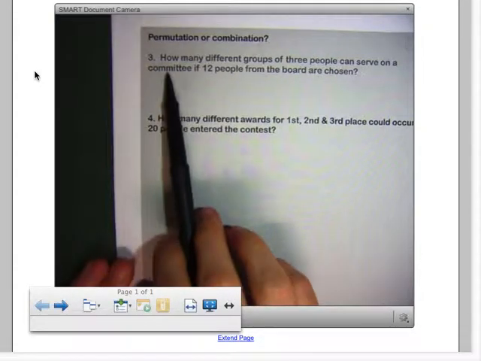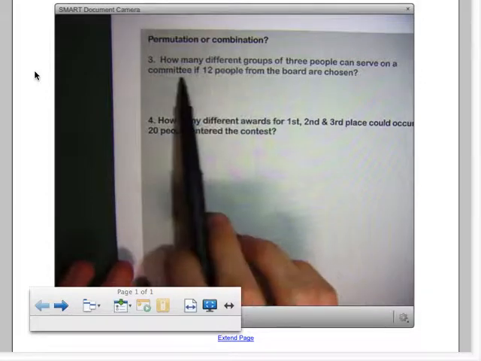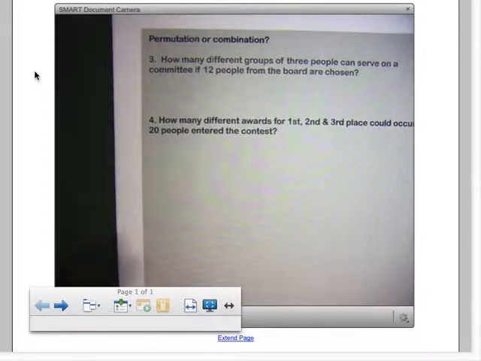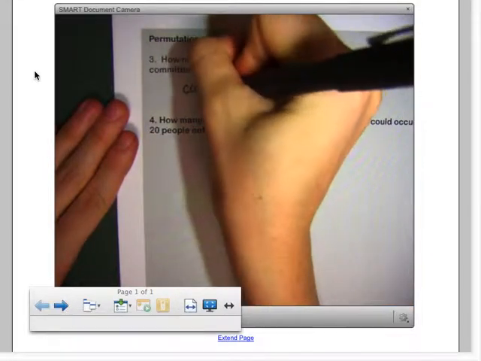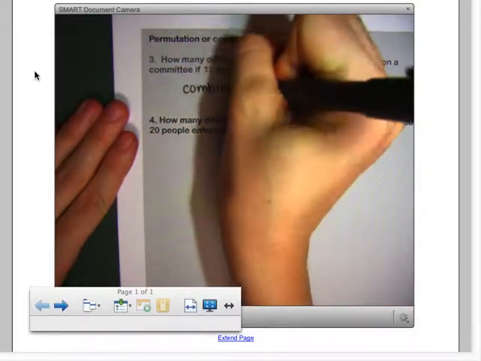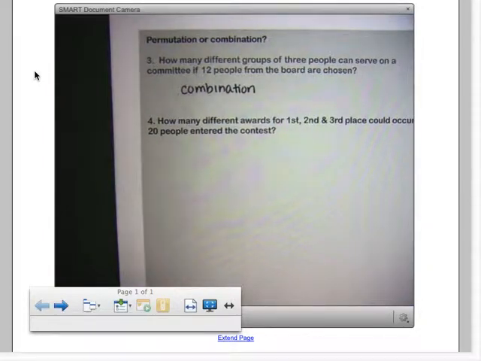So here we have different groups of 3 people can serve on a committee if 12 people are chosen. There are not distinct positions in the committee, so this one would be a combination. Okay, if it was talking about president, vice president, secretary, those are distinct positions, so that would be a permutation. But here it just wants to know how many different ways or how many different groups.